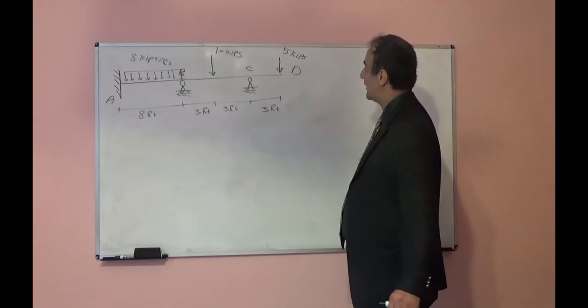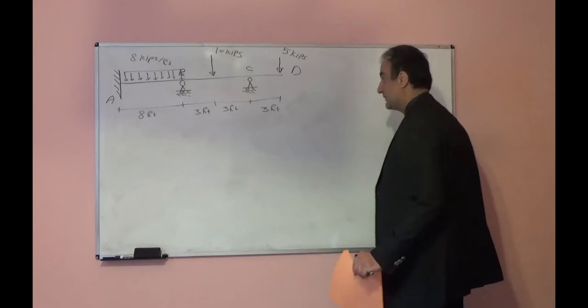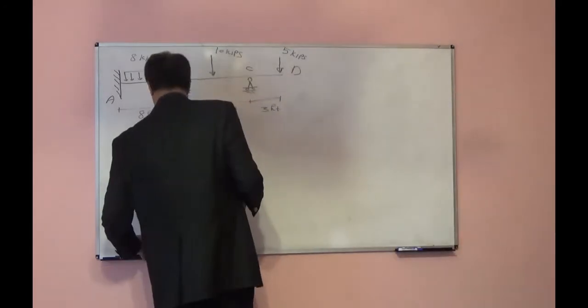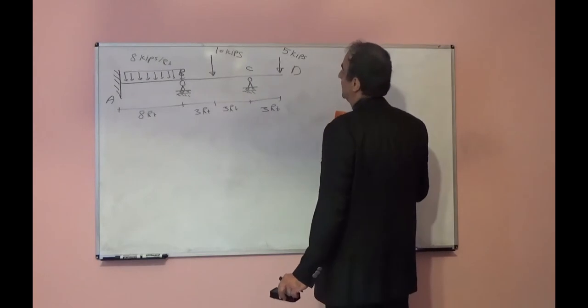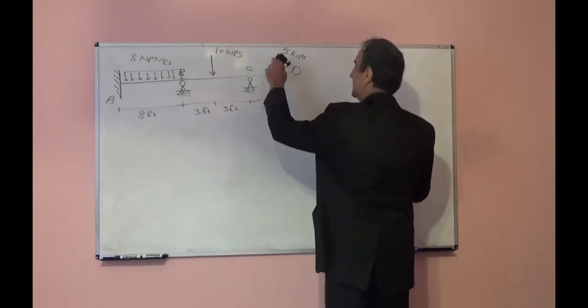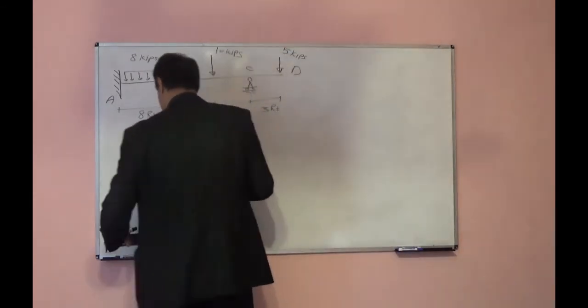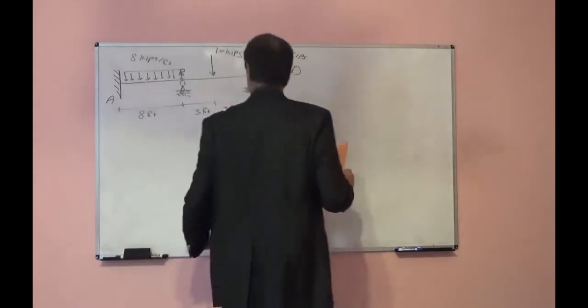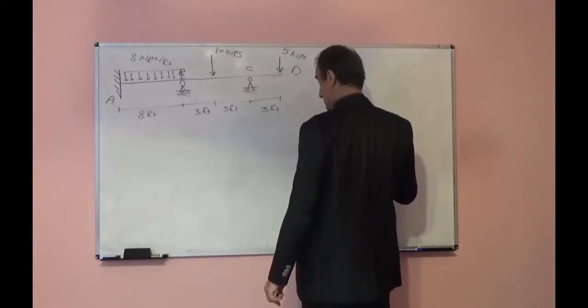The CD part is like one cantilever part. So instead of having that part, I can remove it and add a moment, 5 times 3. So the rotation of D is not important for us.